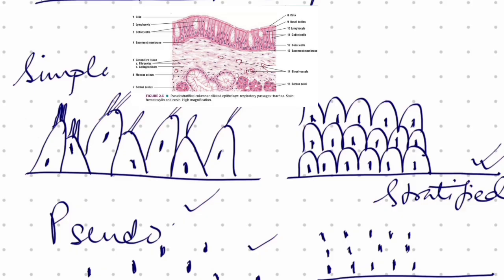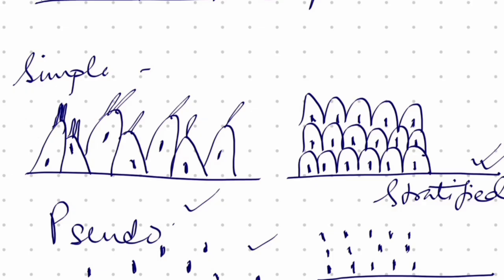And this is often seen in the respiratory tract or inside the fallopian tube. So these cilia are characteristic of simple epithelium and not of stratified epithelium. So where you are finding cilia, you can go with simple epithelium.